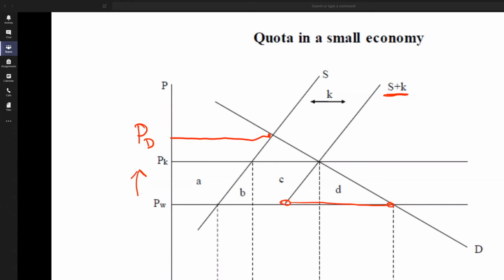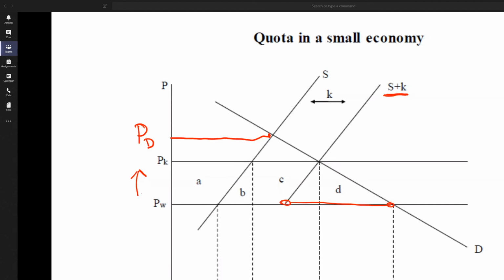Before quota imposition, domestic producers had only a small triangle between the price, supply curve, and vertical axis, and now they get the area A because the price is higher. What's better for producers?